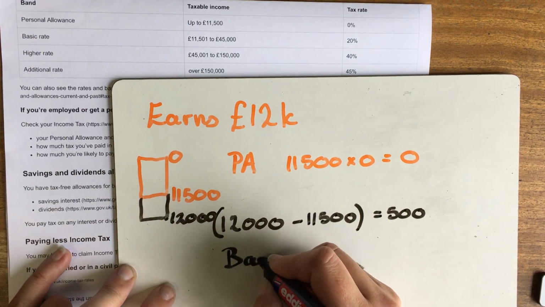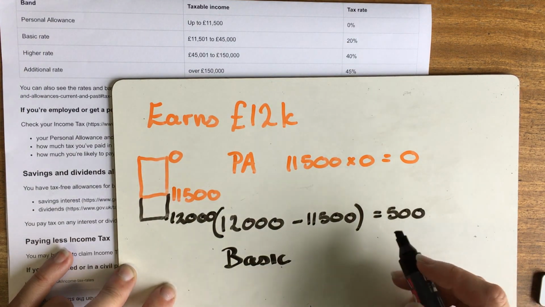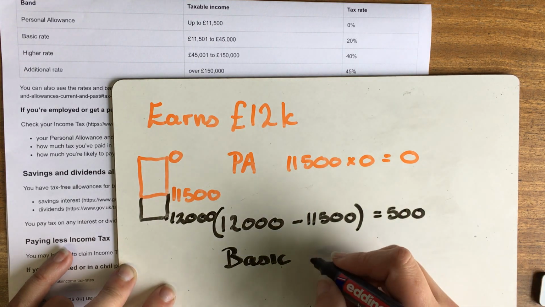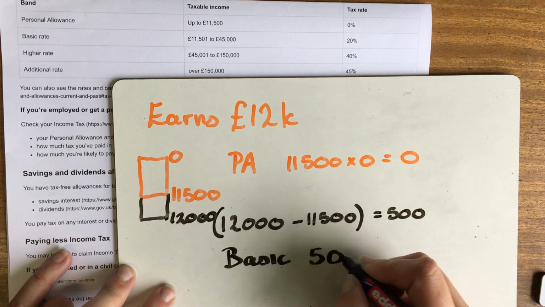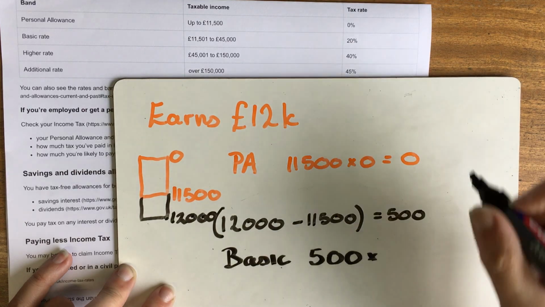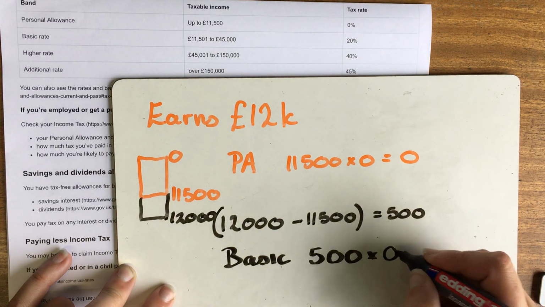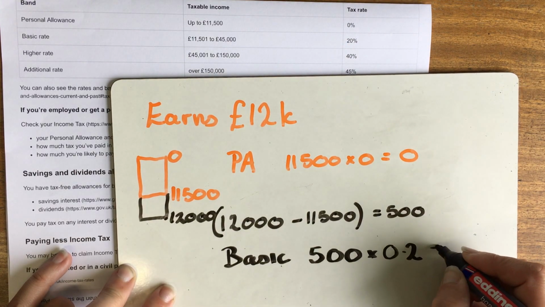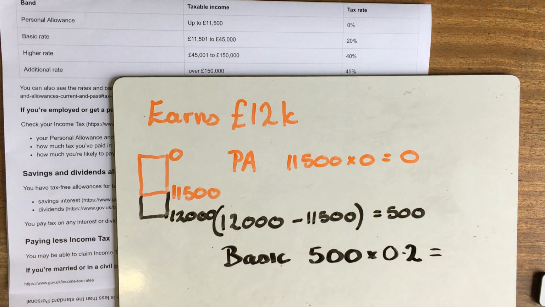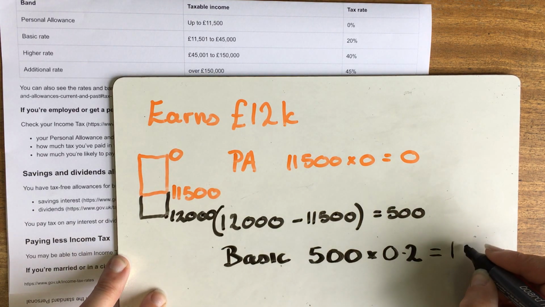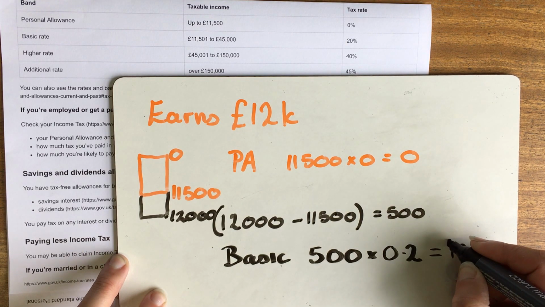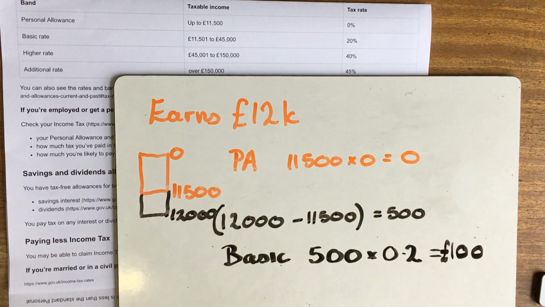So we times that £500 by 20%. We use a multiplier, and 20% of £500 we are expecting to get at £100. So if you're a fairly low earner and only earning 12,000 a year, you're only paying £100 in tax.